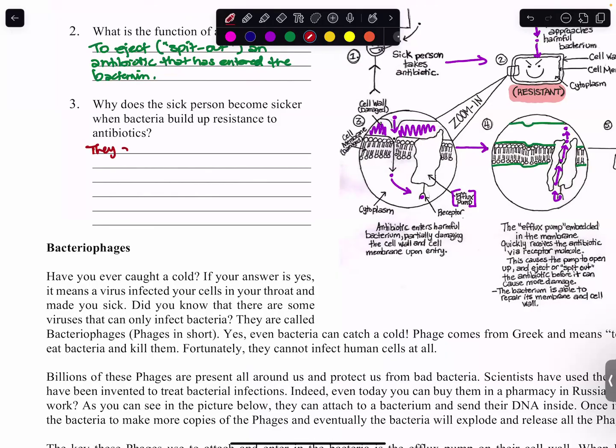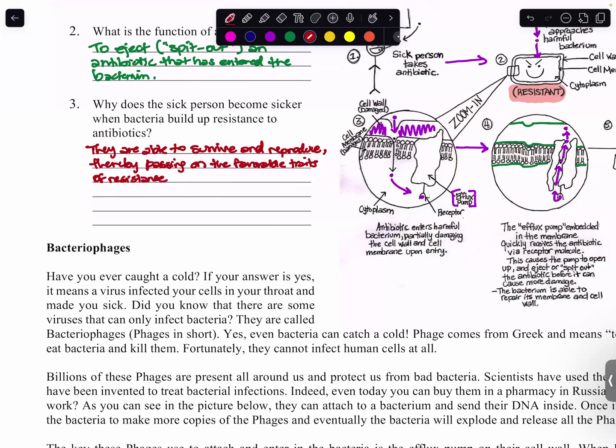Well, that's because they are able to, you guessed it, survive and reproduce, thereby passing on favorable traits of resistance to future offspring.